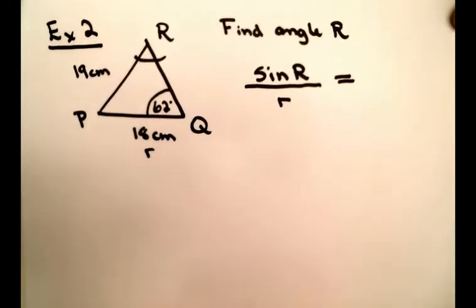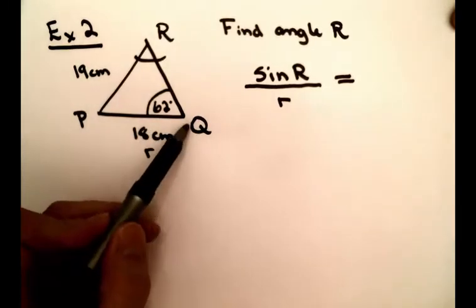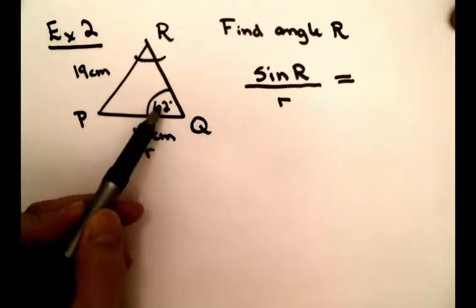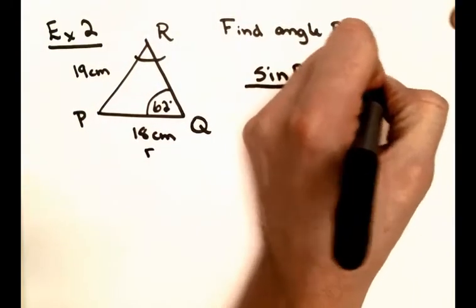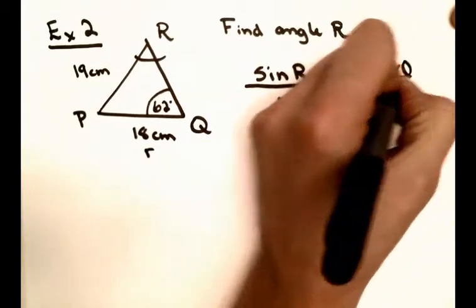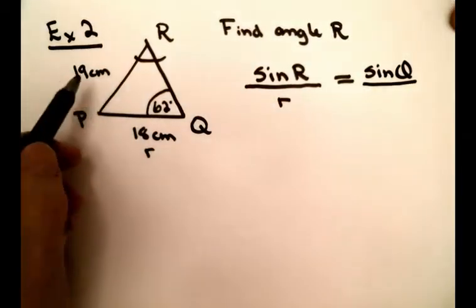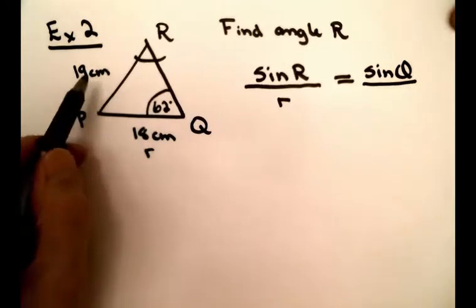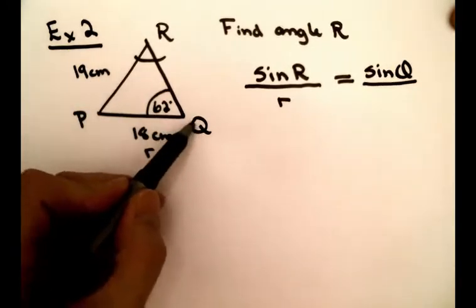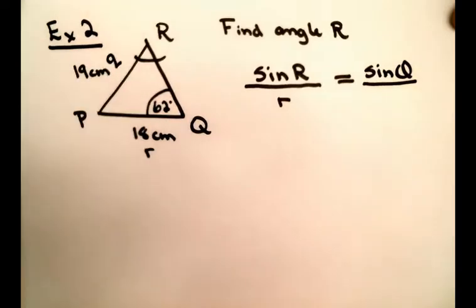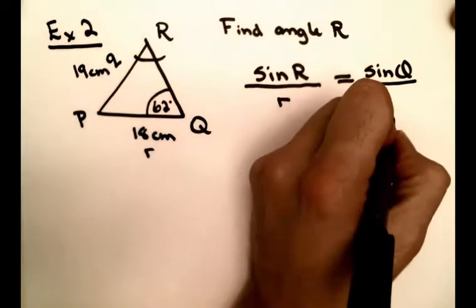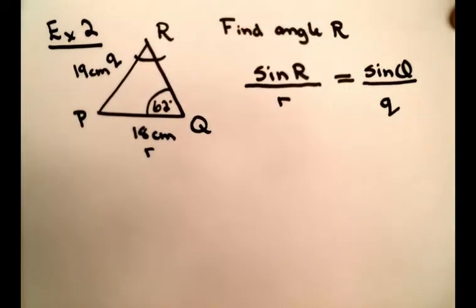So let's try Q here. And so Q is known. So we can take the sine of q, and then below that, do we have little q? Of course we do, because across from capital Q is side q, lowercase q. So you can take that ratio.